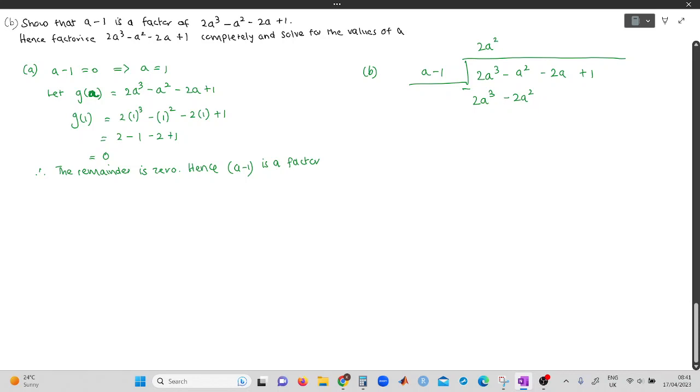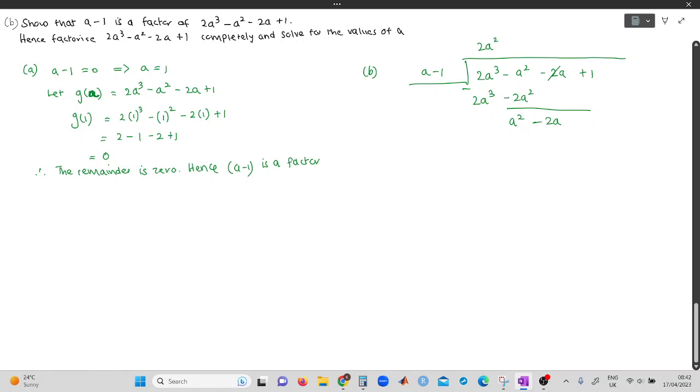I will do the subtraction to obtain the remainder if there are any. 2a cubed minus 2a cubed gives me 0. Minus a squared plus 2a squared gives me a squared itself. I bring down the minus 2a.